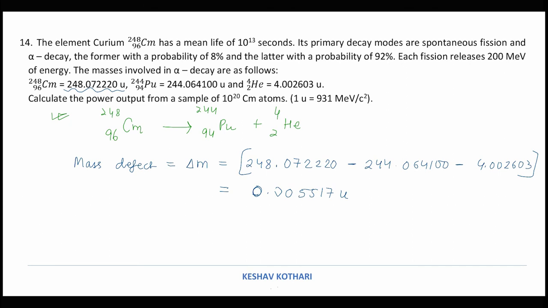If we calculate the energy released during the alpha decay, it can be calculated by multiplying with 931 mega electron volt. In the question, the value is given to us as 931. So we multiply this mass defect with 931 and the value will be obtained in mega electron volt. On calculating, we obtain 5.136 mega electron volt.